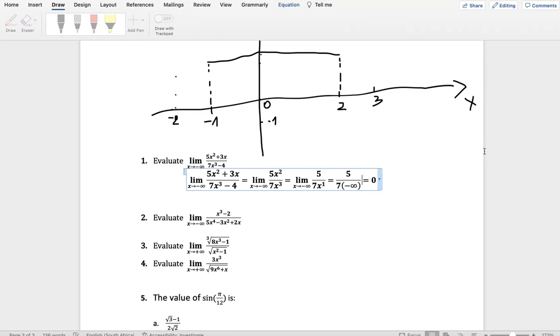So when you divide a normal small number by a very high number, it gets closer to 0.